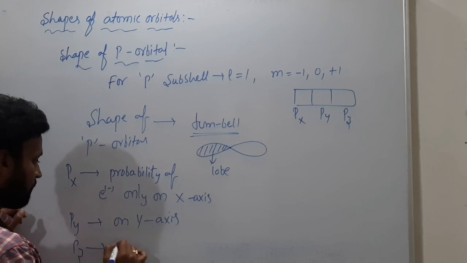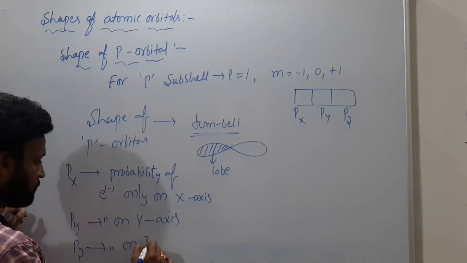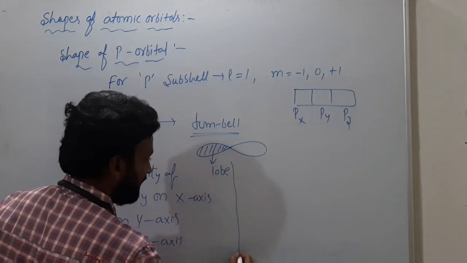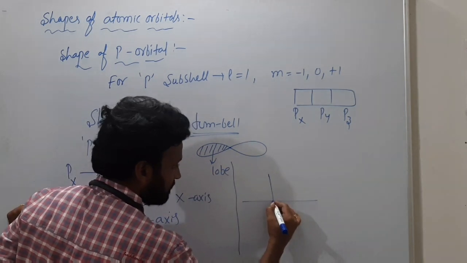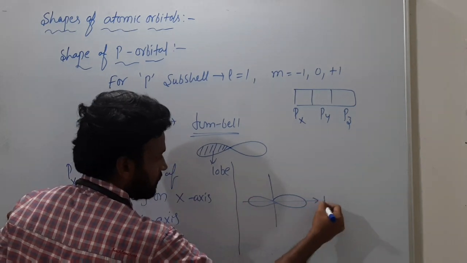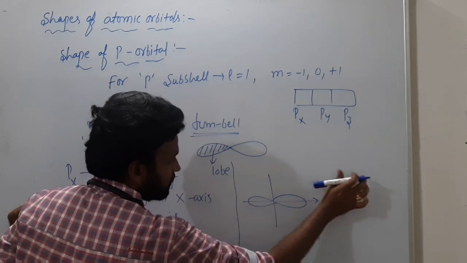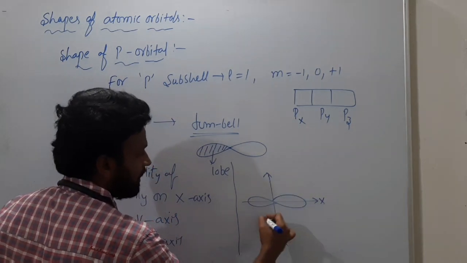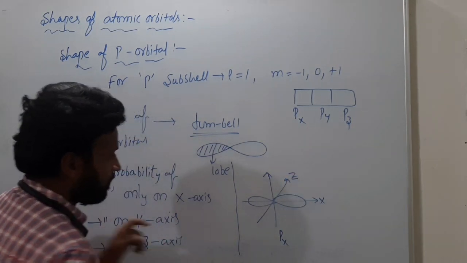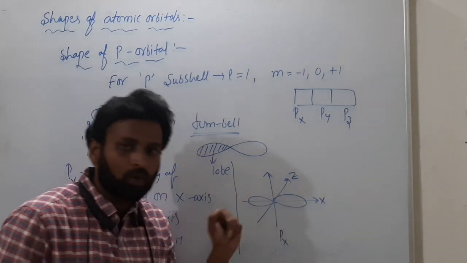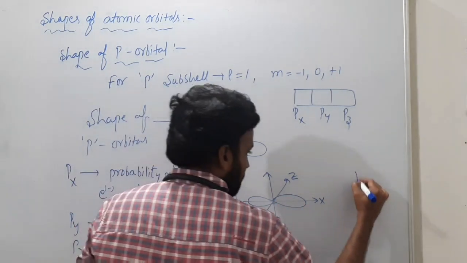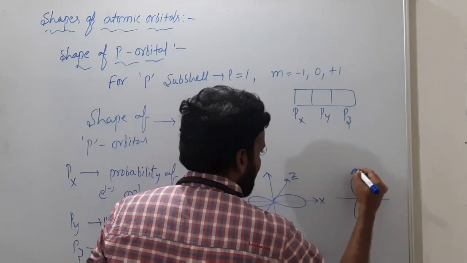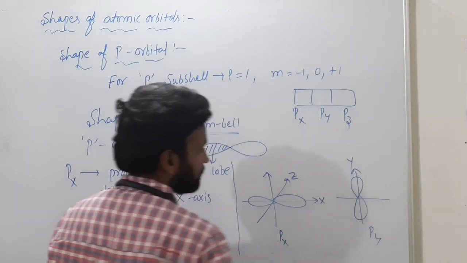Pz means probability on the Z-axis. So it's a dumbbell shape only on the X-axis, like this. So this is Px because the probability is on the X-axis. This is the Y-axis and this is the Z-axis. But Px means the probability only on the X-axis. Py means probability only on the Y-axis, like this. This is Py.